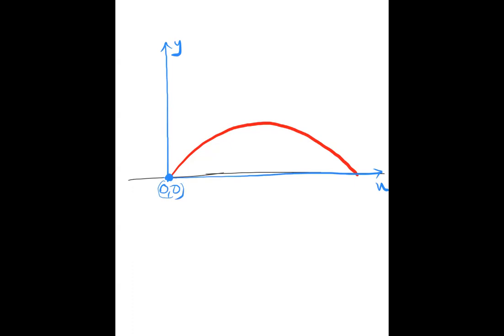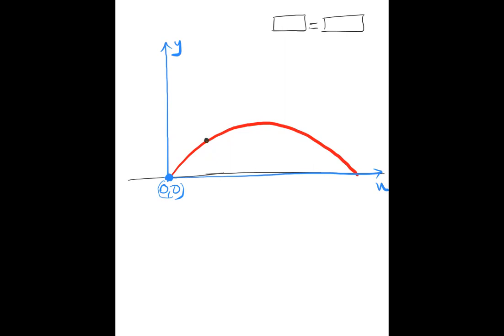So our equation will be in terms of x and y. An equation of the trajectory means something equal to something, where any point on this curve, if you put its x and y, should satisfy the equation. Now how to derive that equation?